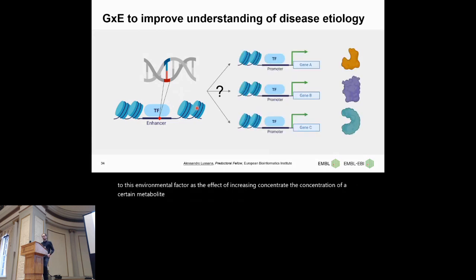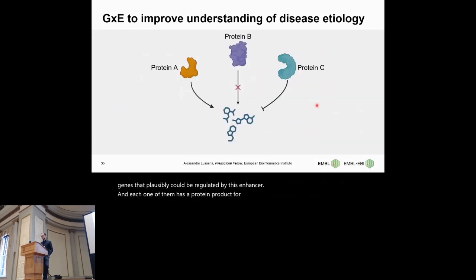So if we look in the neighborhood of this enhancer, we may find several genes that plausibly could be regulated by this enhancer, and each one of them has a protein product, for example, A, B, and C. But digging deeper, we may see that only protein A can plausibly increase the concentration of this metabolite, and therefore explain the interaction with the environmental factor.